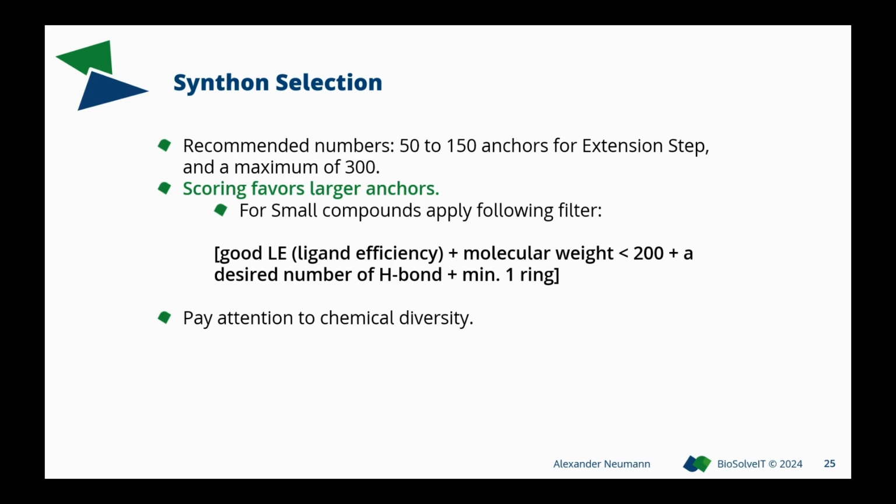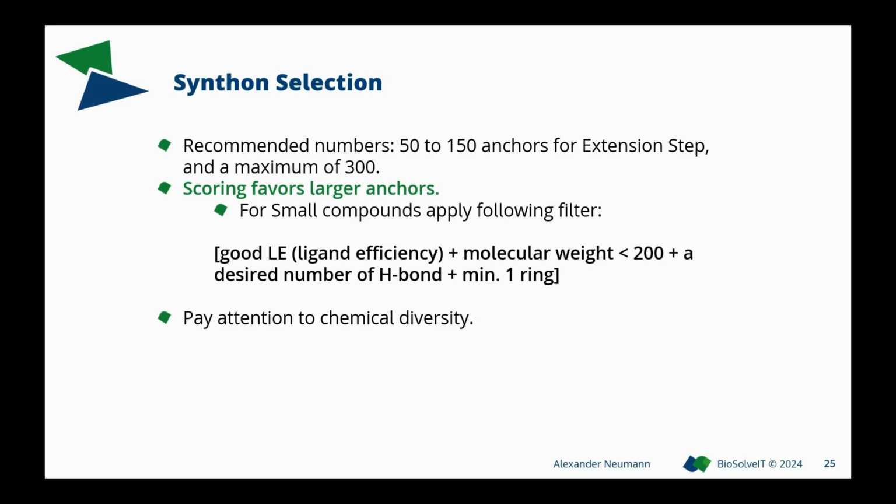So I also recommend, once you have gone through the list for selecting the best ranking compounds, to also do this setup with good LE and lower molecular weight and a particular number of H bonds you would like to see, at least 1 to 2 for smaller fragments, because this way an imidazole, as I've shown you in the live demo, would not pop up in the top ranks, right? But it's still a valid compound, it's still useful, but because the score will be quite low, you should go with this setup to actually look at smaller compounds, which are absolutely valid starting points as well.